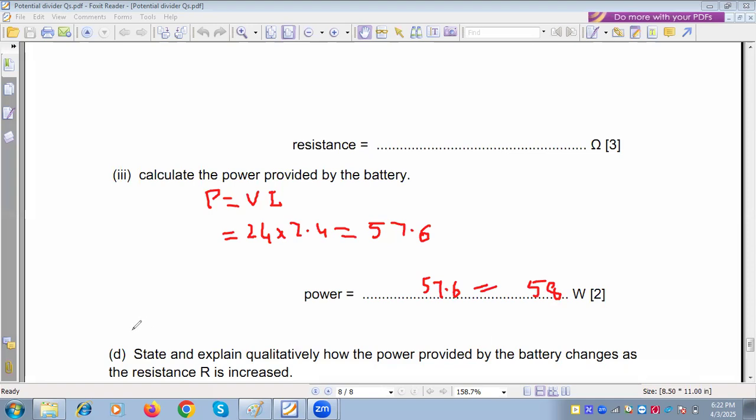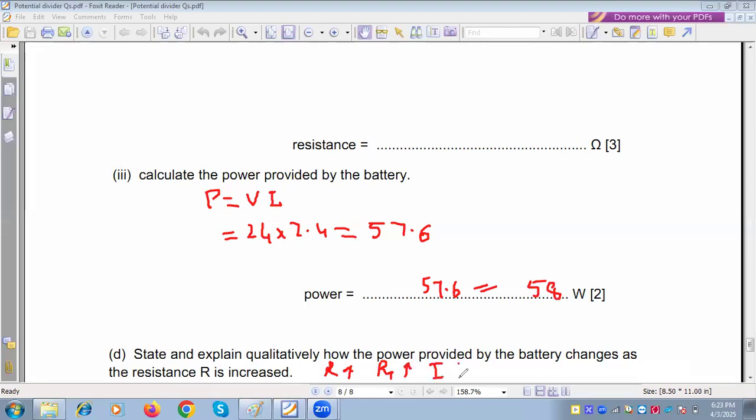The next part: state and explain qualitatively how the power provided by the battery changes as the resistance R is increased. When R is increased, you know the total resistance will increase. R is the variable resistance, so that will cause an increase in the total resistance. I will decrease.